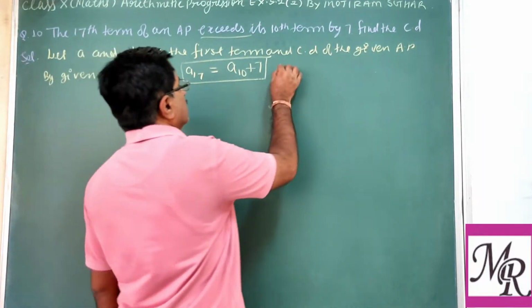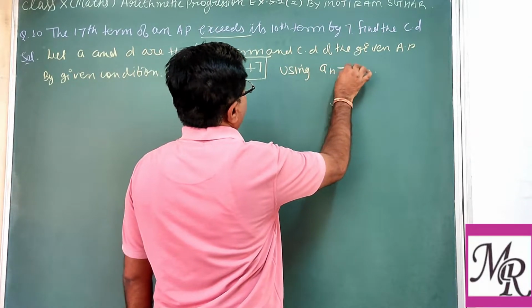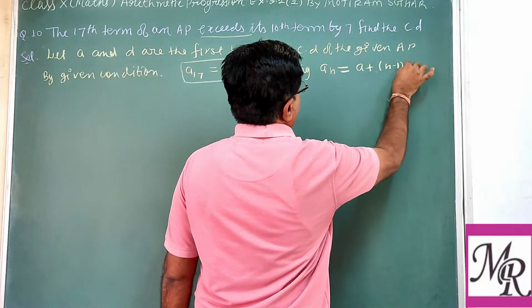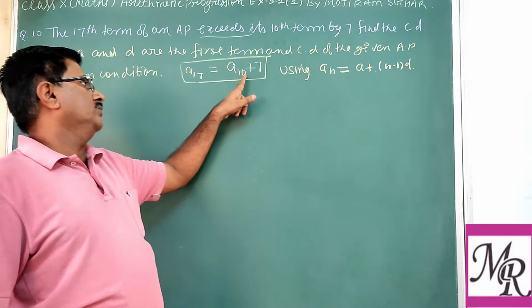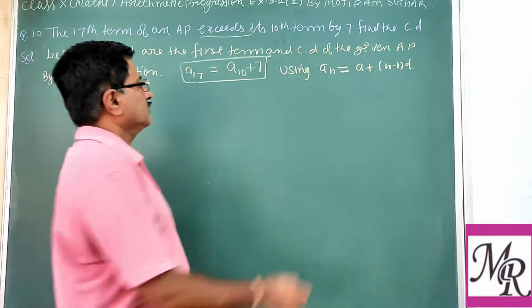So using the general formula An equal to A plus n minus 1 into d, here n we put 17, and then we put 10 and we have to find.